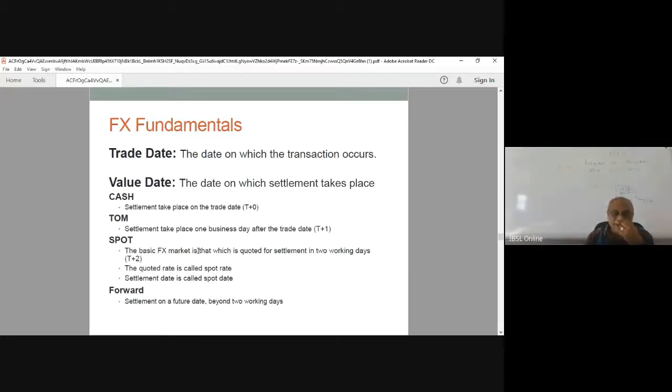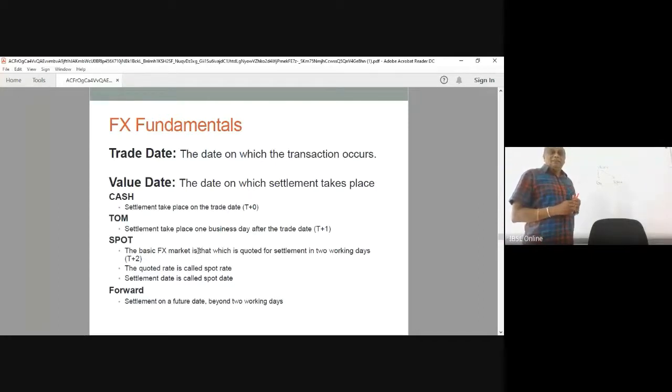There are 3 types of value dates. One is cash, one is Tom, one is spot.